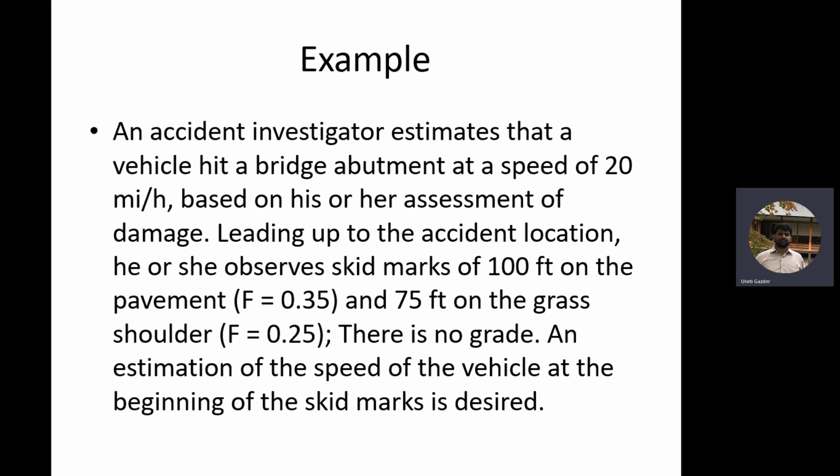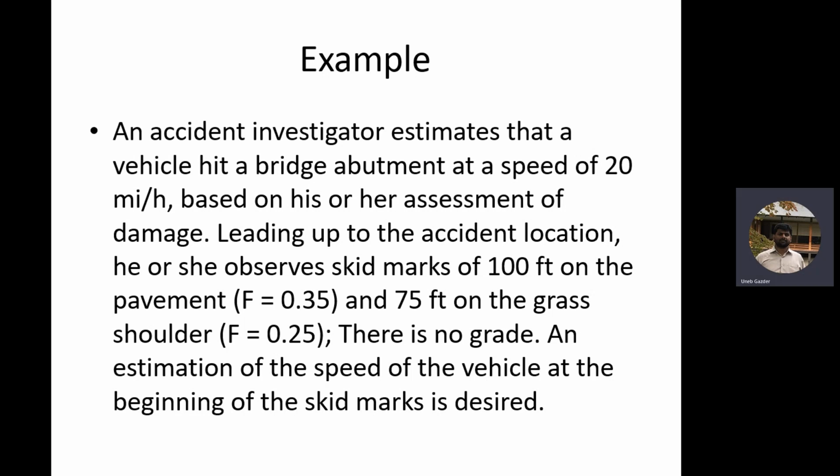Okay, so an accident happened. The vehicle hit the abutment of the bridge. Abutment means the side, the wall of the bridge. Car manufacturers and mechanical engineers have some method to calculate the speed of the car based upon the damage, because when they make the car, they do tests to check the strength of the car and the strength of the parts.